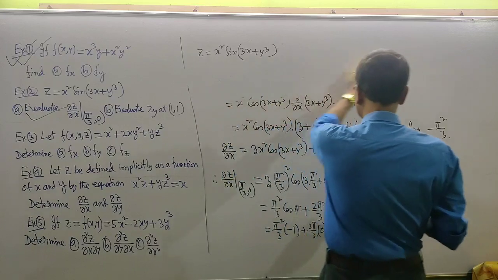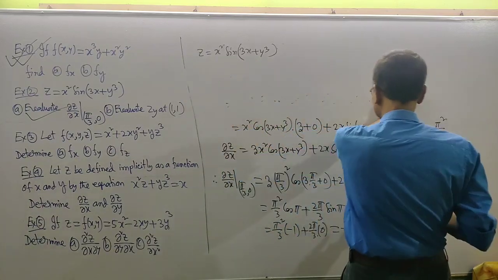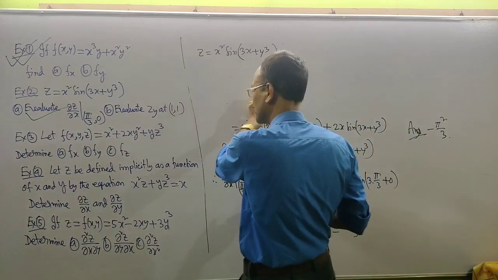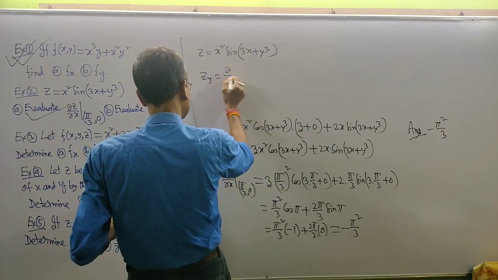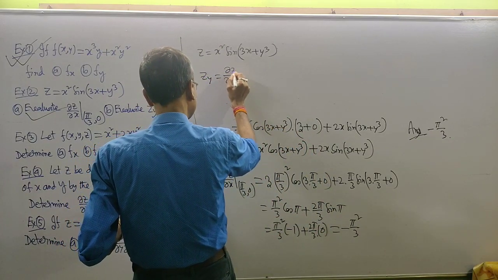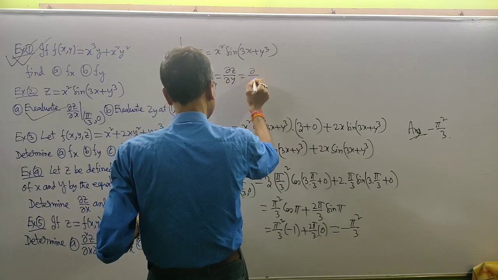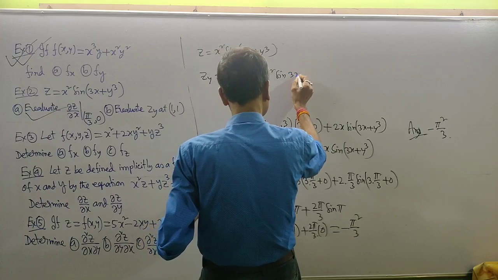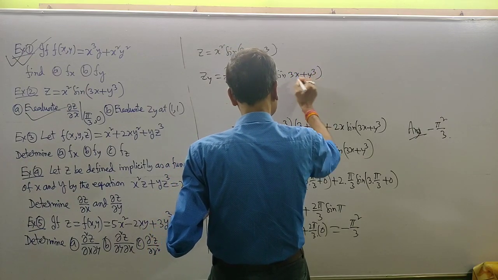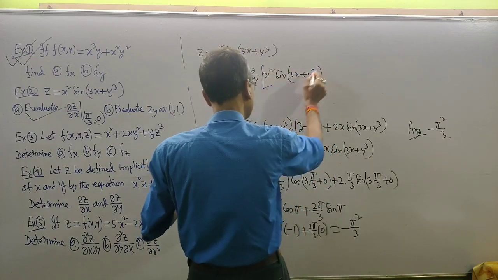Now find del z by del y. zy equal to del z by del y equal to del by del y of x square sine of thrice x plus y cube.